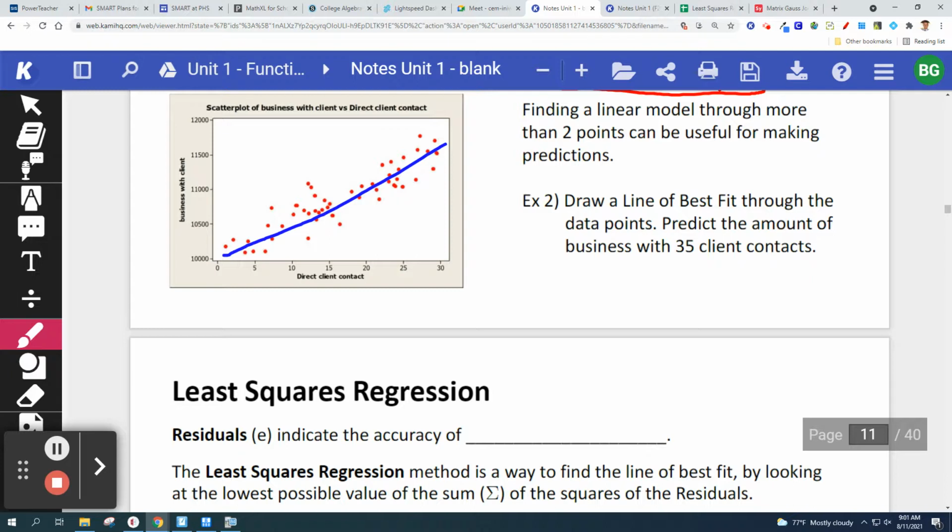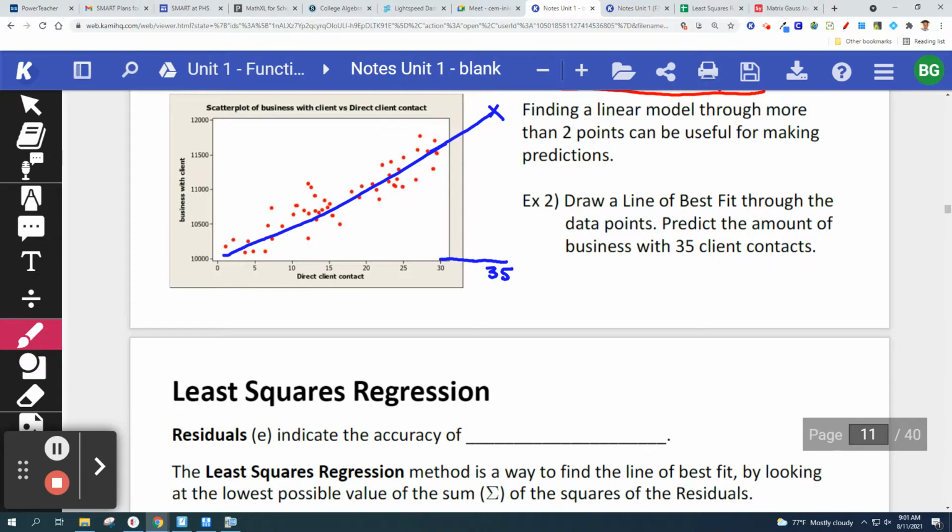It's a little crooked, but try to draw a straight line. And then predict the amount of business with 35 client contacts. So you can see direct client contact, 5, 10, 15. 35 is going to be over here, right? So we want to know where that line reaches at 35.